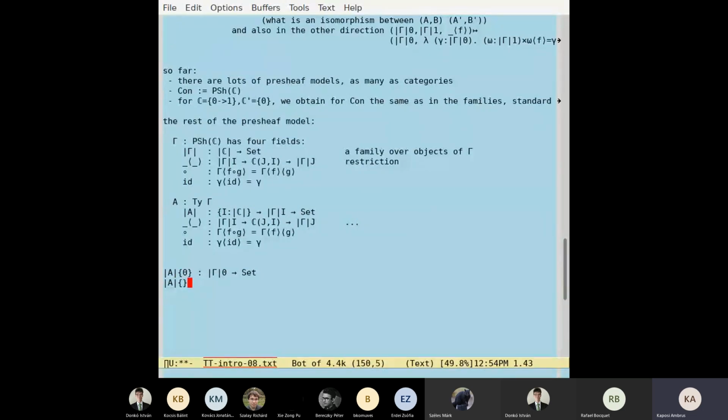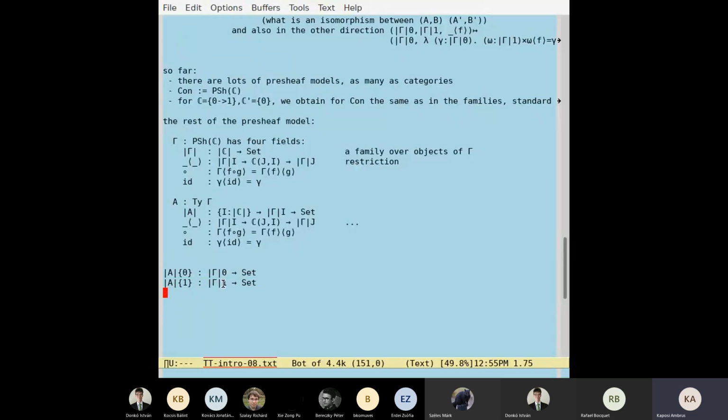And then I also have A1, which maps gamma 1 to set. So in the families model, for each context I have a set gamma 0 and a set gamma 1. And for each type over that context, I have a family over both of them. It's like having two copies of the standard model, because I have two types, one over gamma 0 and one over gamma 1.